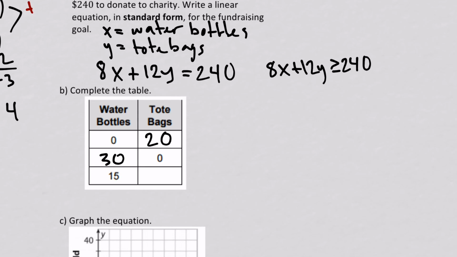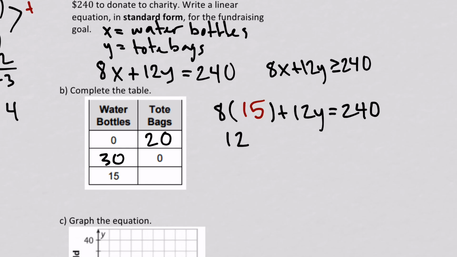Okay, so it's 8x plus 12y is equal to 240. 8 times 15, we're plugging in 15 for x, plus 12y is equal to 240. 8 times 15, use your calculator if you need help with that one, it's 120.